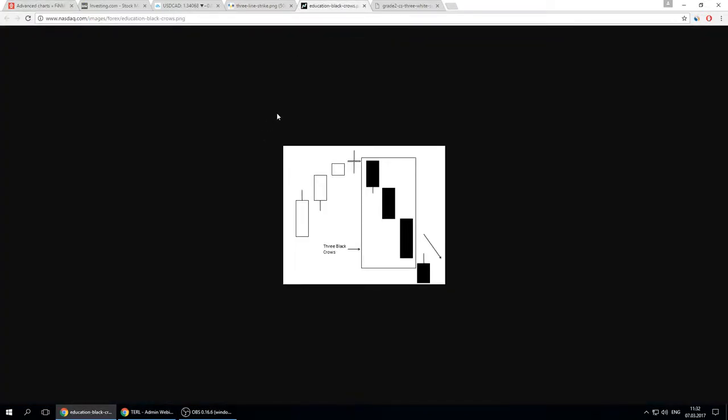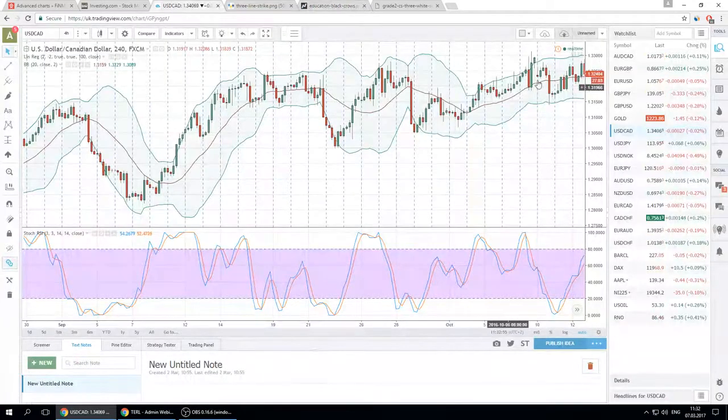So you see the 3 black crows pattern. That's a bearish reversal pattern that consists of 3 bearish candlesticks that are in the dark color on this picture. On such a chart they would be the red ones.